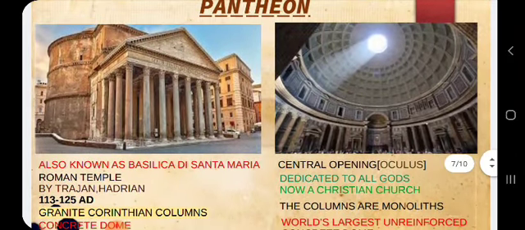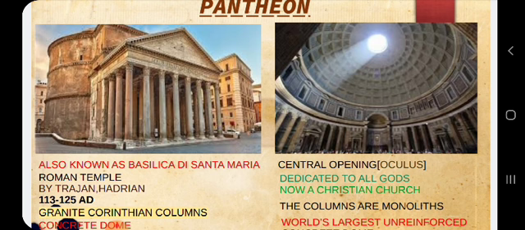Now coming to the Roman temple Pantheon, it's also known as Basilica di Santa Maria. As I said, it's a Roman temple, and it's built by Trajan but completed in the reign of Hadrian. And it's built in a period around 113 to 125 AD, but this is also not accurate because it had some other works later on.